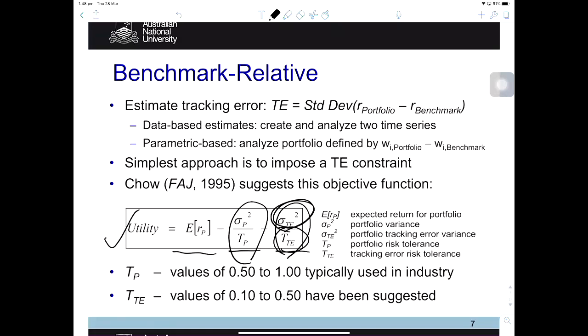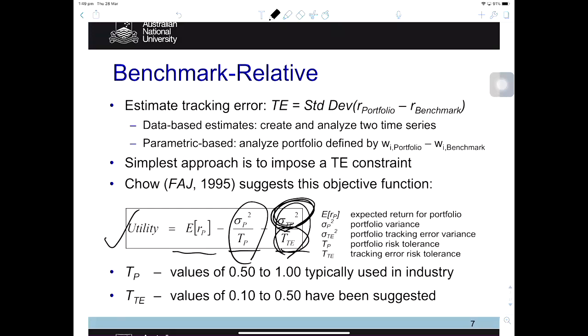Here, that's the portfolio tracking error variance. That will be a function of the tracking error, so the volatility of your outperformance relative to the benchmark. Minimizing this will result in maximized utility for the investor. This is quite reasonable to understand for investors who have their own mental target or benchmark.